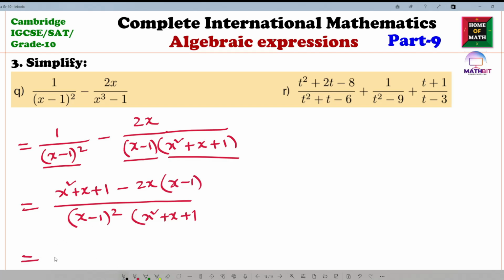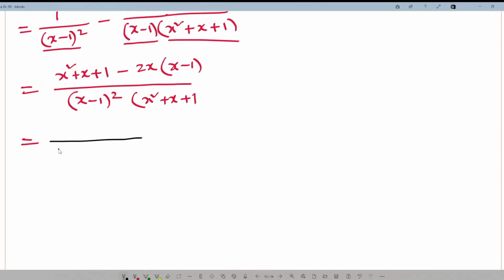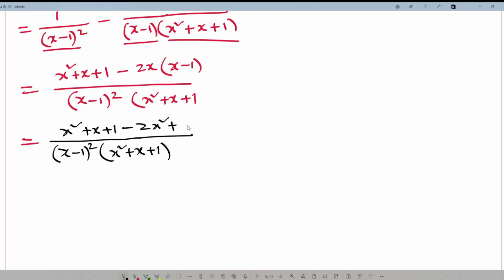Then x minus 1 whole square times x square plus x plus 1. Now look, here is x square plus x plus 1 minus 2x square plus 2x, right?